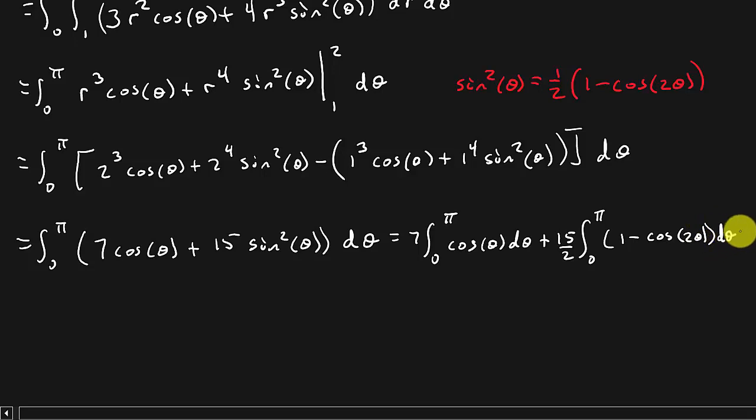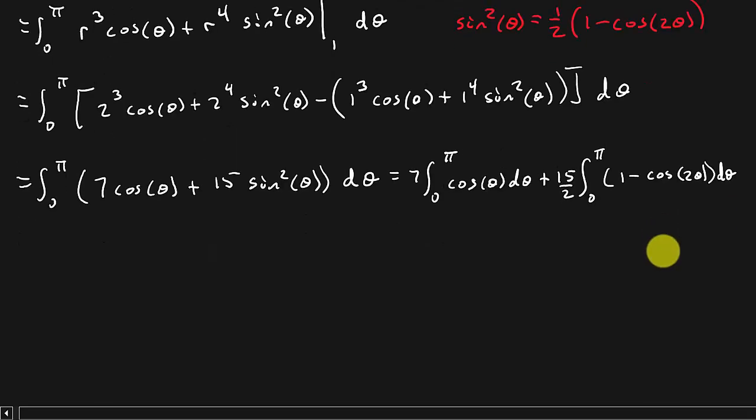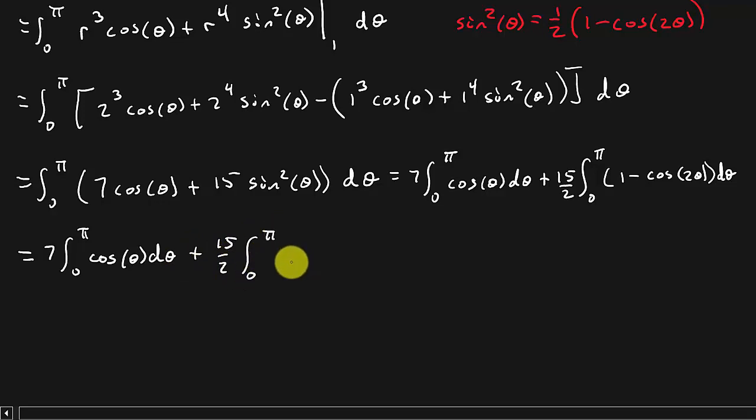I don't think I ran off the screen, but if I did, that's d theta. All right. And so let's do a little more work here. So 7 integral 0 to pi cosine theta d theta plus 15/2 integral 0 to pi of d theta.